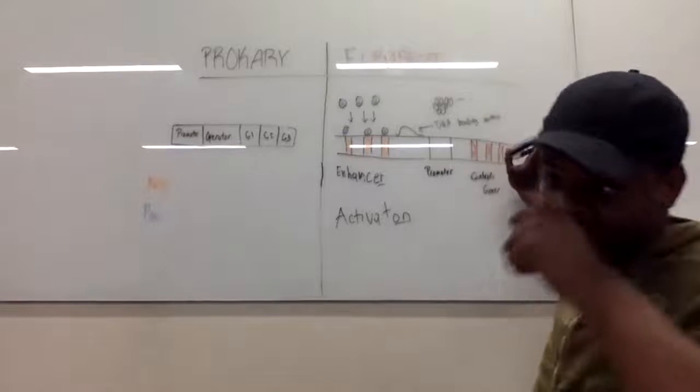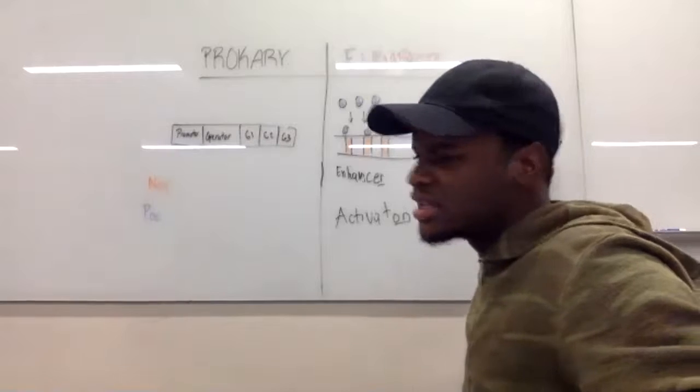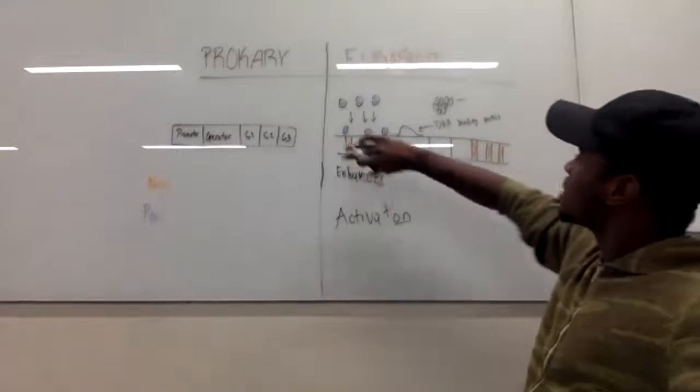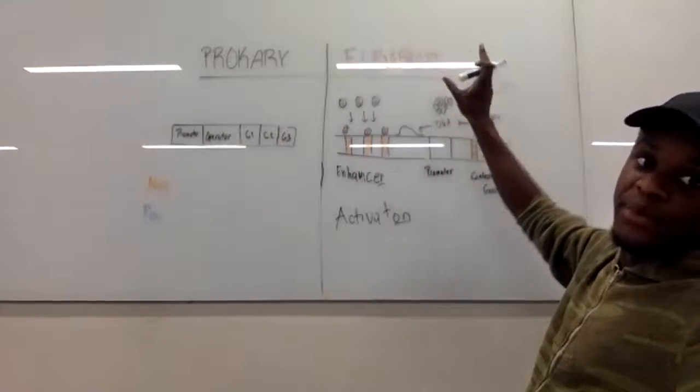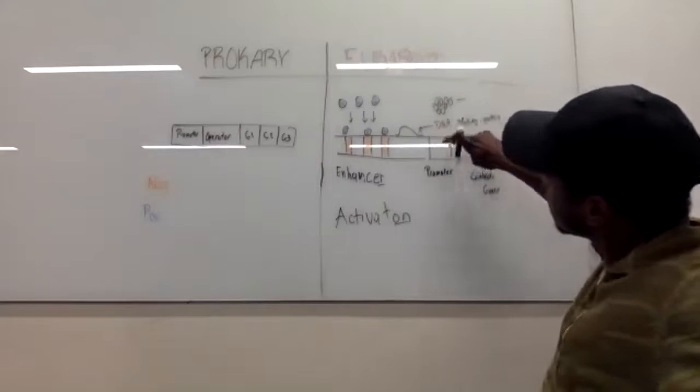Once the activators connect to the genes, then what's going to happen is... I apologize. The activators don't connect to the gene. The activators are going to connect to the mediator proteins, and the mediator proteins are going to connect to where the promoter is.